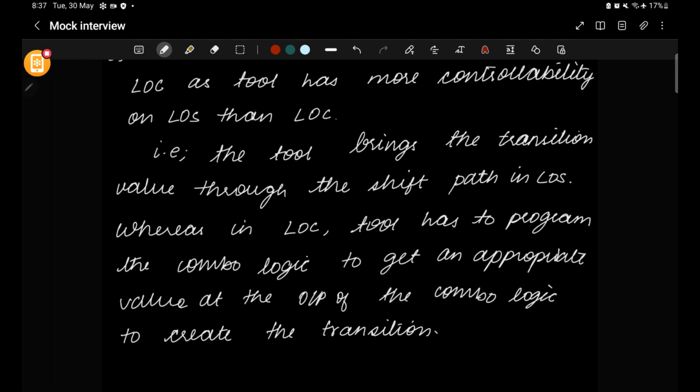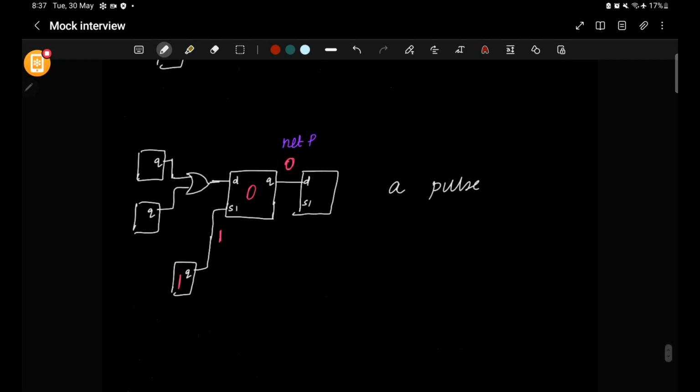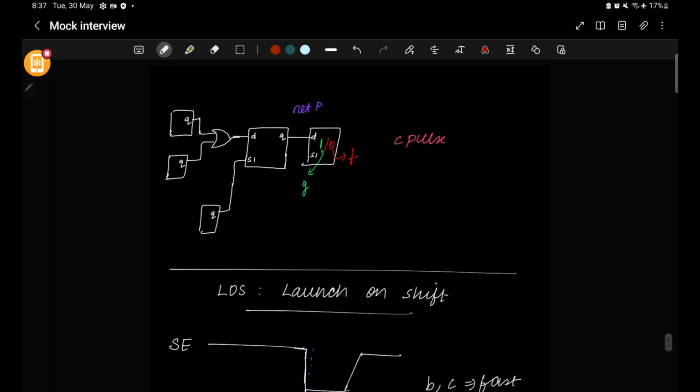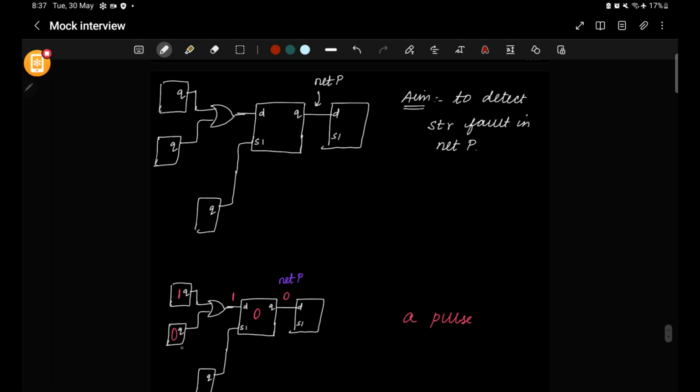So here if you see in LOS, the tool is bringing the transition value through the shift path itself. It is not programming this combo logic. But in LOC, it has to program this combo logic.